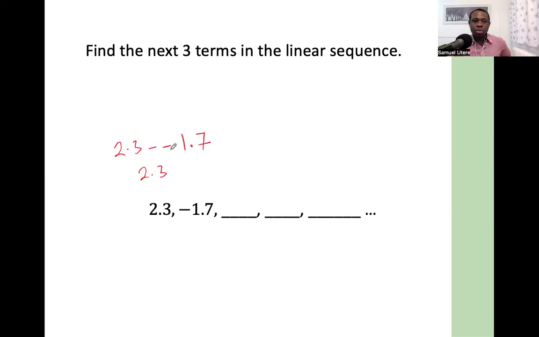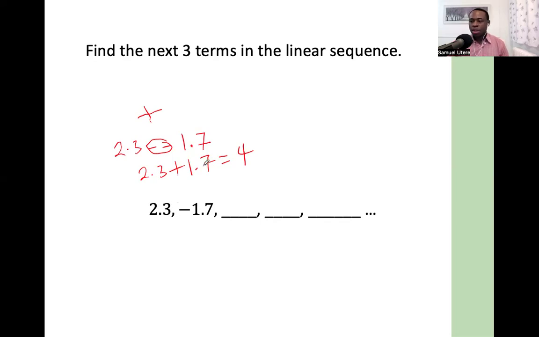Remember, these two will become positive, so that's 2.3 plus 1.7, which is 4. But take note, it just tells us what the common difference is, but we have to know what we're doing with the common difference. Now, we have moved from 2.3 to negative 1.7. So it means we are decreasing by 4 every time.